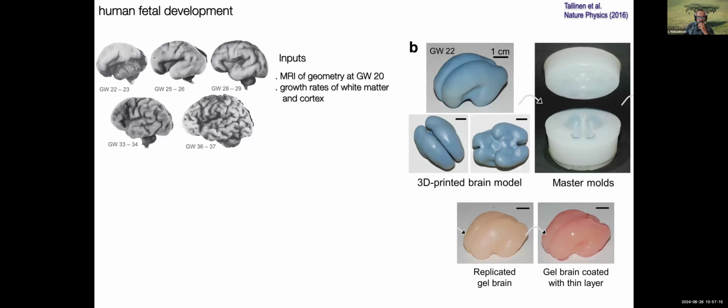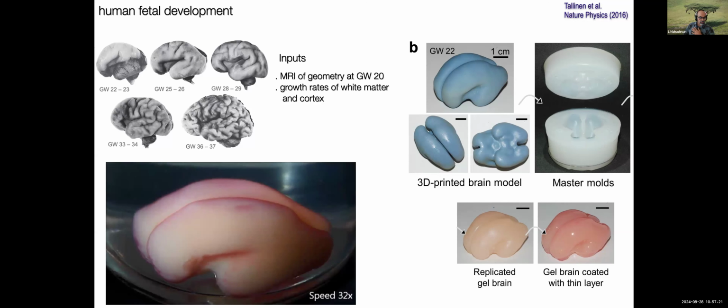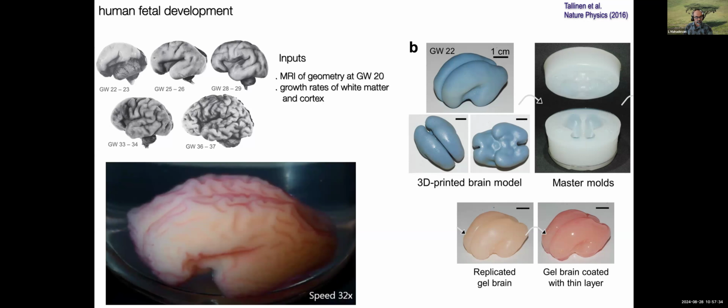So using MRI data, you can essentially create a physical model of this, just like the gel that I showed you. And I just wanted to show you a video of what happens in 10 minutes in a way which allows us to try and mimic what happens in 20 weeks. So this is a gel, it's not a brain.